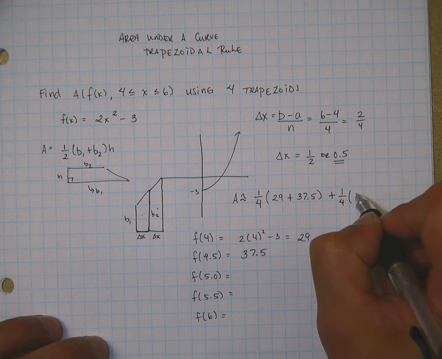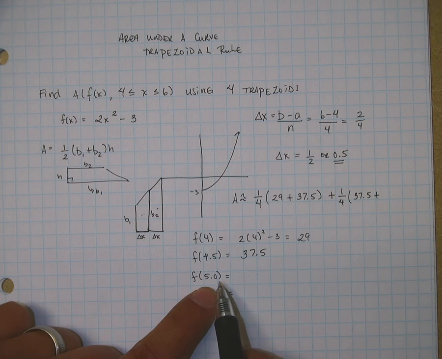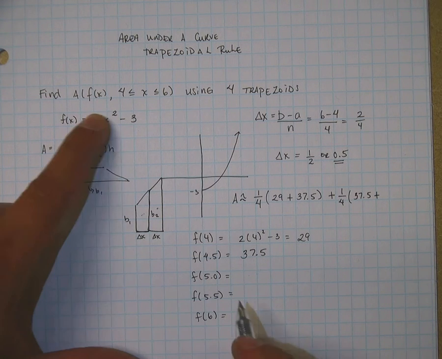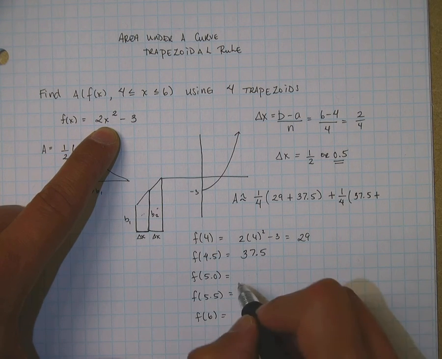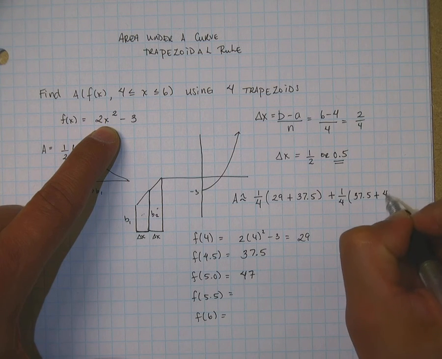So this one is going to be 37.5, plus now I need this one here, 5. 5 squared is 25, times 2 is 50, 50 minus 3 is 47.